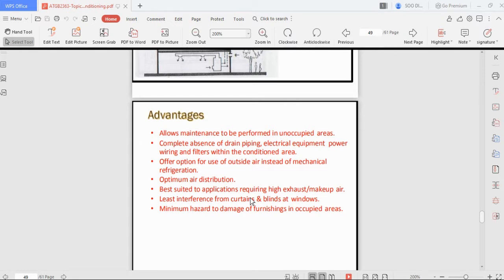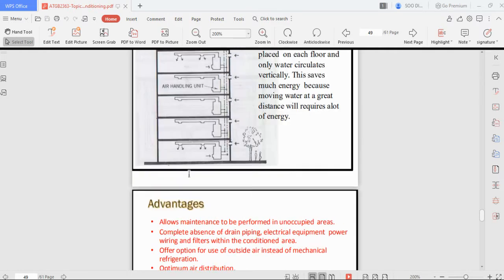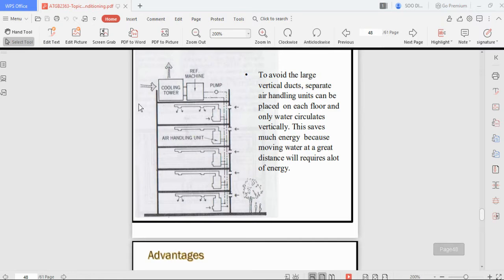So you do not have any component at different areas. Then you offer the option for use of outside air instead of mechanical refrigerant. So you're basically cooling the outside air and pumping it into the building.